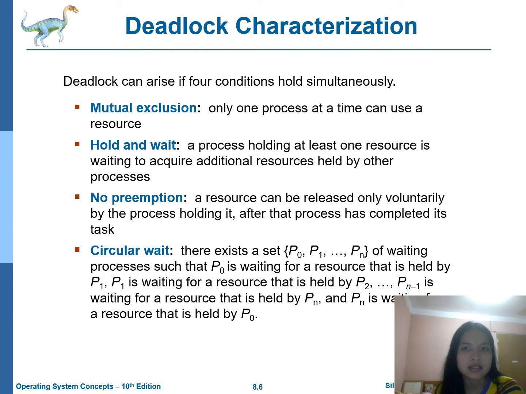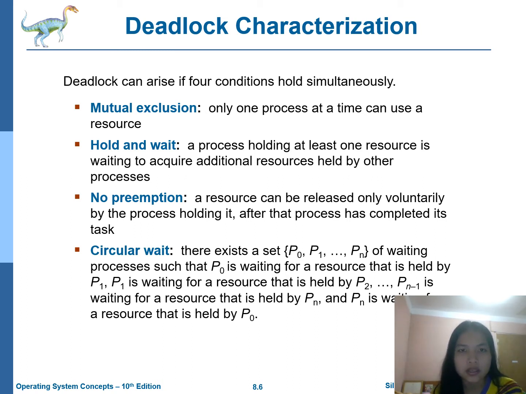Deadlock characterization. Deadlock can arise if four conditions hold simultaneously. Mutual exclusion: only one process at a time can use a resource.